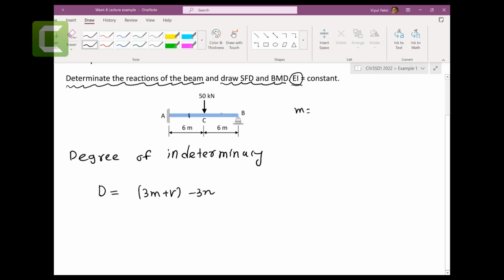Number of members, 2 members. Reaction forces, 4 reaction forces. Number of joints, 2. So 3 times 2 plus 4 minus 3 times 2 will give me 6 plus 4. I screwed up something there.